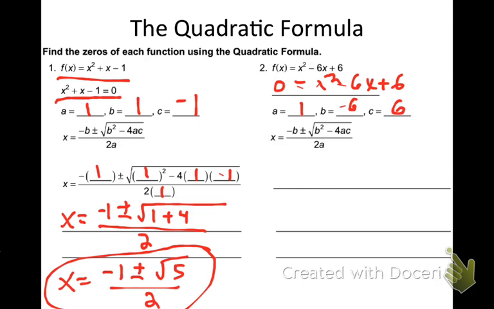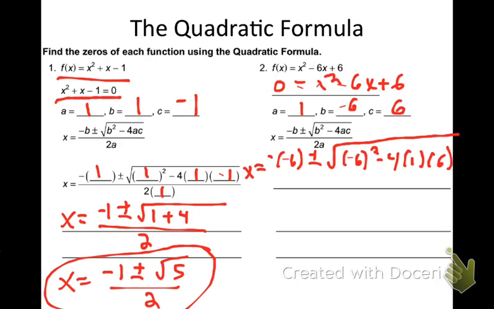Okay. So I find my values, and now I plug each value in, giving me x equals negative, parentheses, -6, plus or minus the square root of -6 squared minus 4 times 1 times 6 all over 2 times 1.